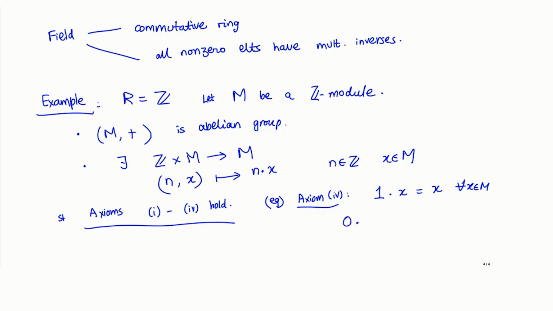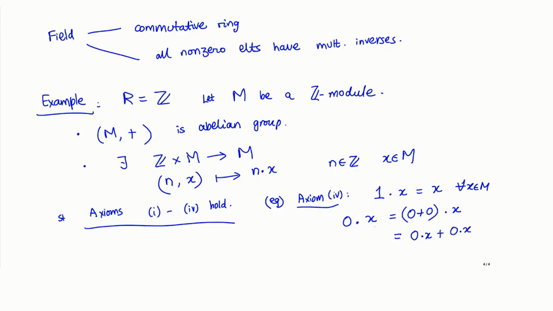Now we can quickly find out many other things from this. Let's look at 0 dot x. What do you get if you multiply x by 0? In fact, this is true in arbitrary modules. You must have seen this calculation many times in previous courses. If I try to compute 0 dot x, I can write it as 0 plus 0 dot x, and then use axiom 2, which is a distributivity axiom, which says this is nothing but 0 dot x plus 0 dot x.